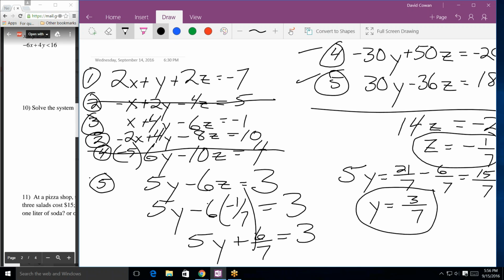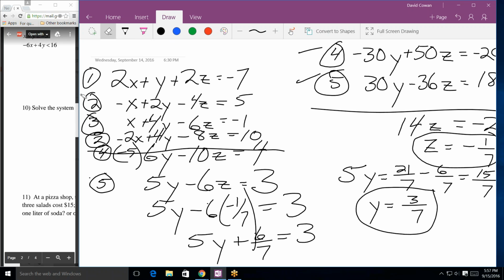Which equation am I going to use to solve for x? You could use number 1. Well, you can use any of the first three. And notice that you want to use one of the first three because they're the ones that have the smallest numbers. Okay? So if I have to choose from one of those first three and I'm solving for x, which one should I use?